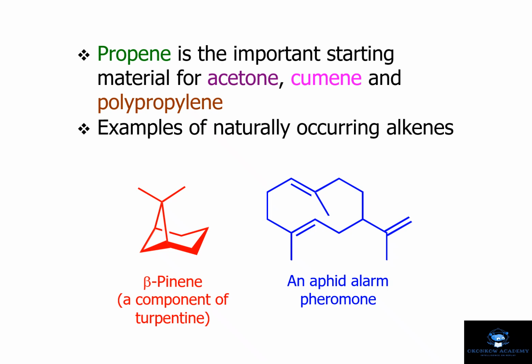Alpha-pinene is a component of turpentine, giving pine trees their distinctive smell. There are also alkenes that serve as insect pheromones, like the aphid alarm pheromone shown here. Nature is a rich source of structurally complex alkenes.